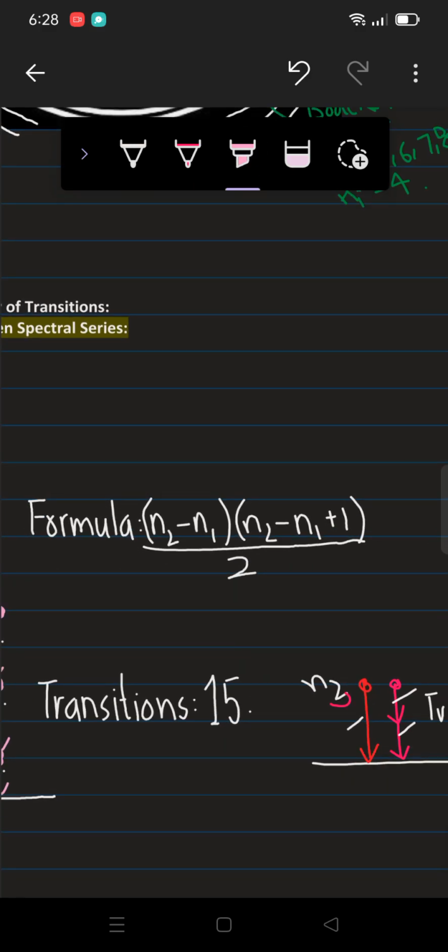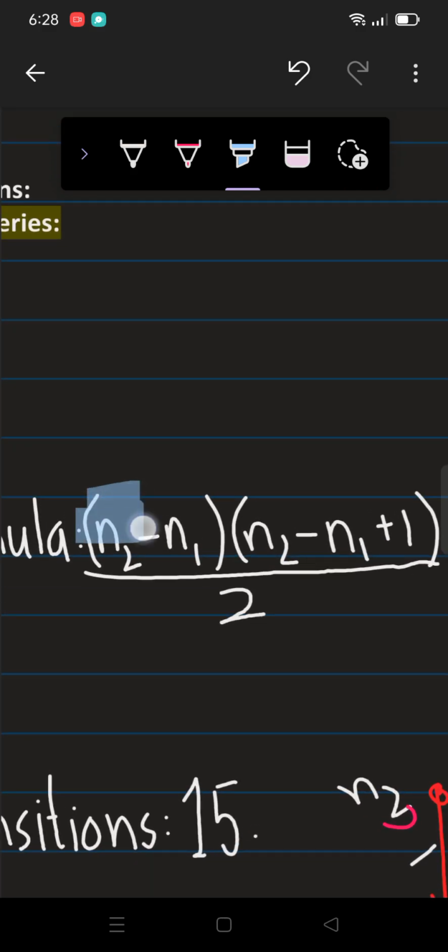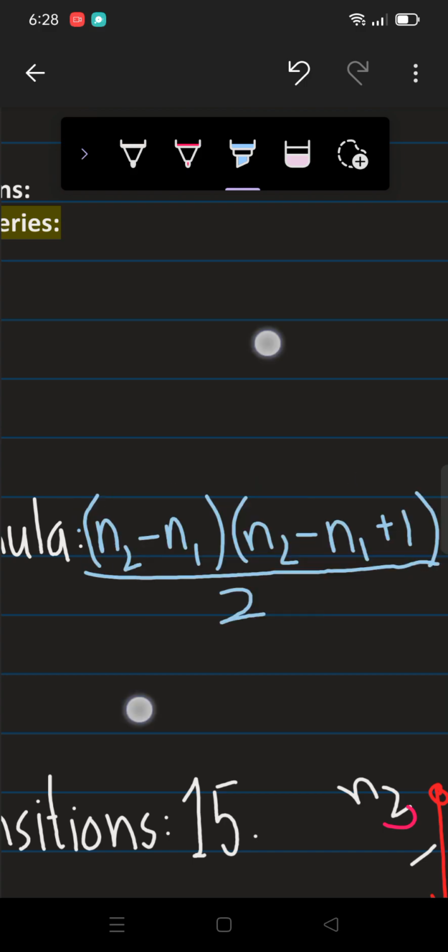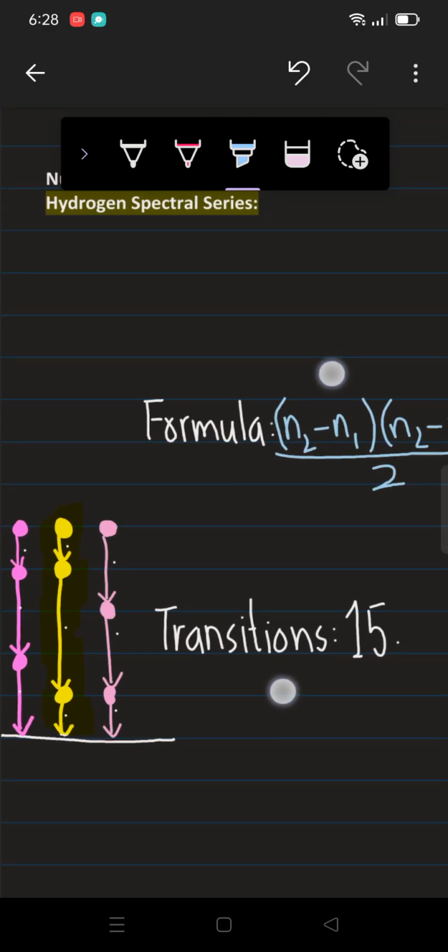This is the formula we can use to determine the transitions, because it is a bit complicated to make all the transitions, right? So here we have a formula.